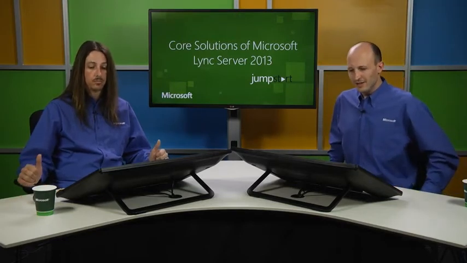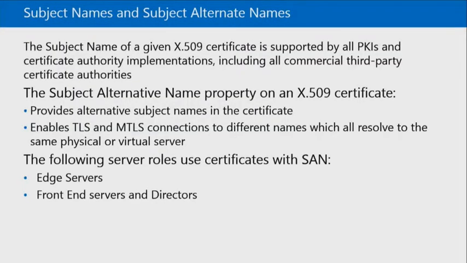Yes. So there's a really common ask, which is, what do my cert's subject and subject alternative names need to be in my Lync world? The simple answer is, let the Topology Builder and the server install wizard put them in for you. That's right.